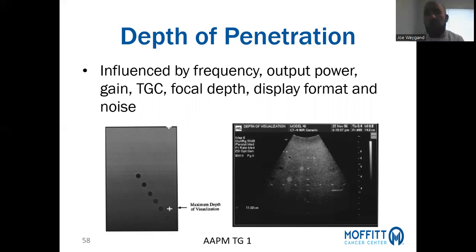As you go deeper and deeper into the phantom, eventually attenuation will affect the image, and your sensitivity will fall off. Shown here in the figure on the right, you see that little plus sign. That more or less corresponds to the place where you stop really getting meaningful signal. So again, it's a little qualitative, and you will want to do this test with the same frequency each time.